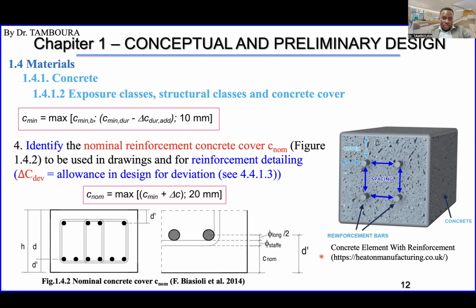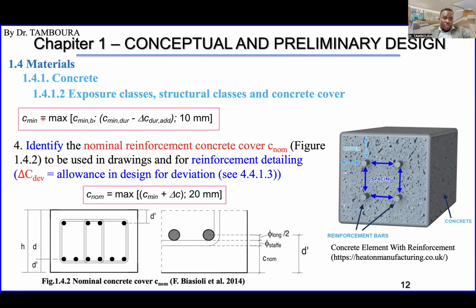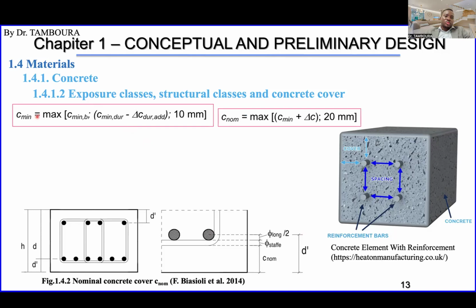Okay. So anyway, you have C minimum here and C nominal here, and C nominal is explained here.